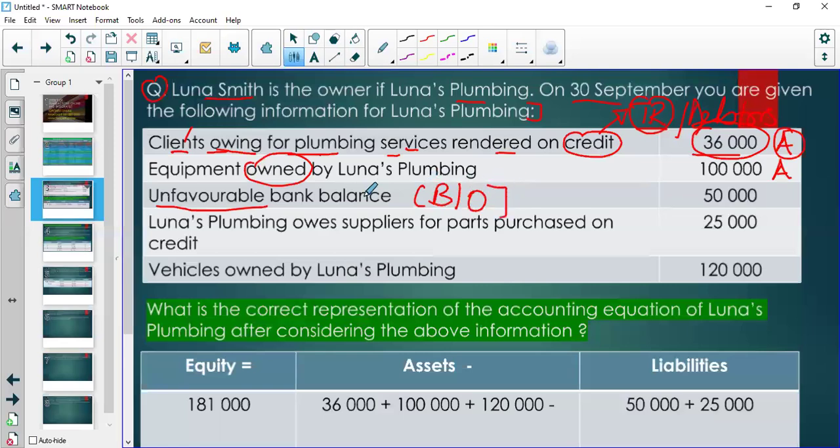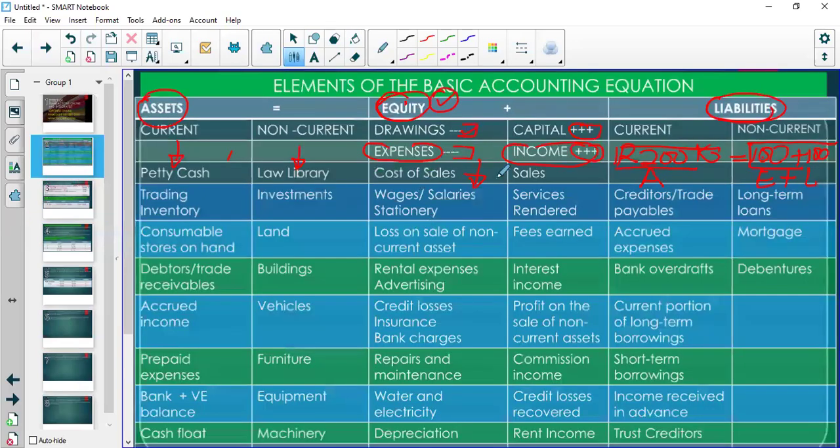And you should be able to remember from the elements of the basic accounting equation that your bank overdraft will be a liability because we owe the bank money. So we need to identify that as a liability and also as a current liability.